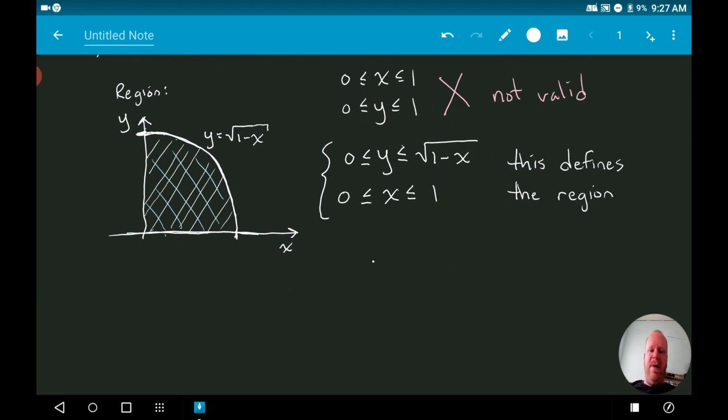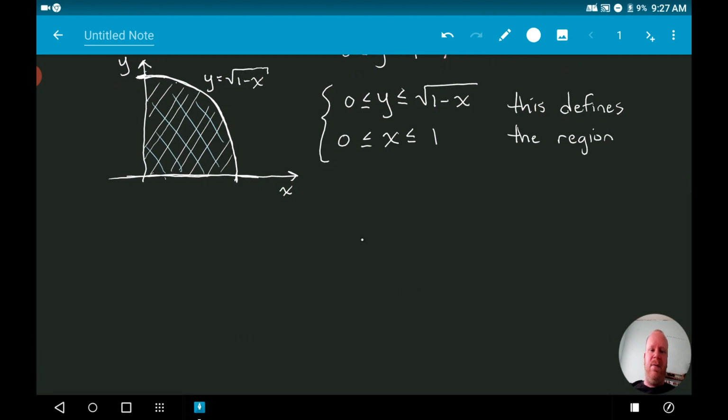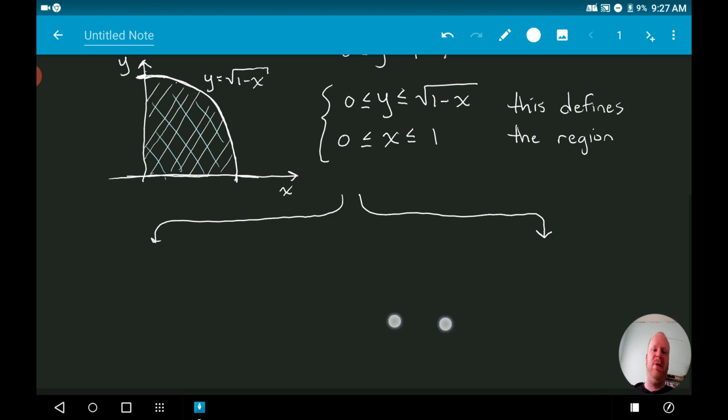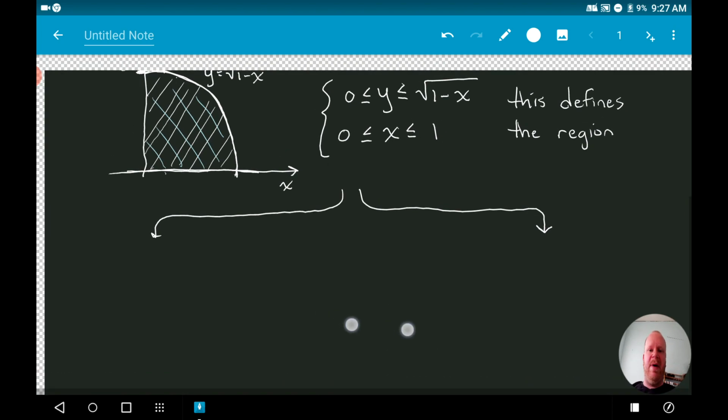Okay. So now that we've got this, we really have two options for how we want to write our double integral. We'll write them down here, and maybe we can develop an intuition for which one's going to be better.